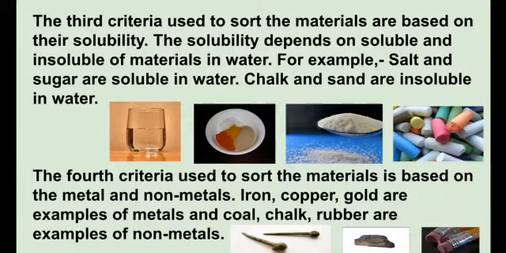And when we add some sand or chalk into the water, after stirring it, it does not dissolve. So the sand and the chalk are called insoluble things, okay. So we can divide any objects further into insoluble or soluble things.